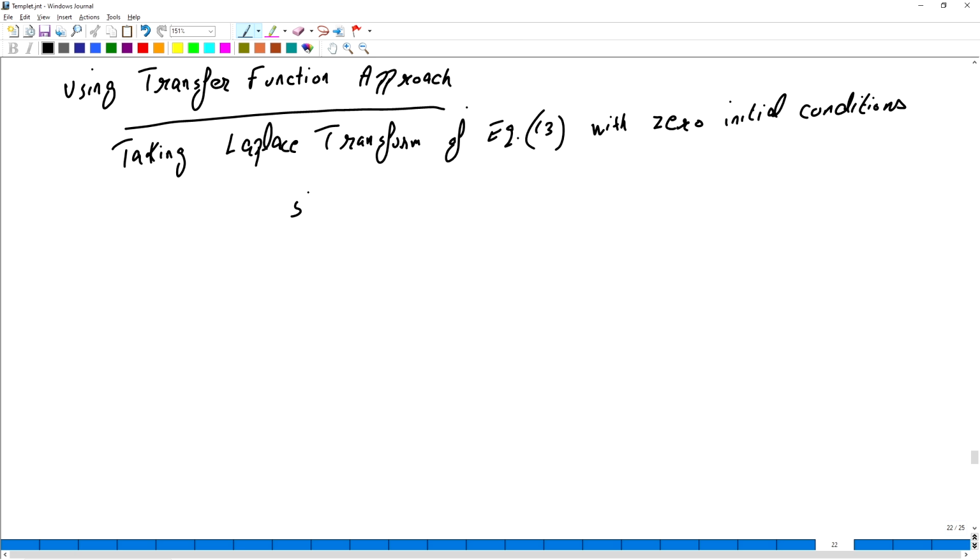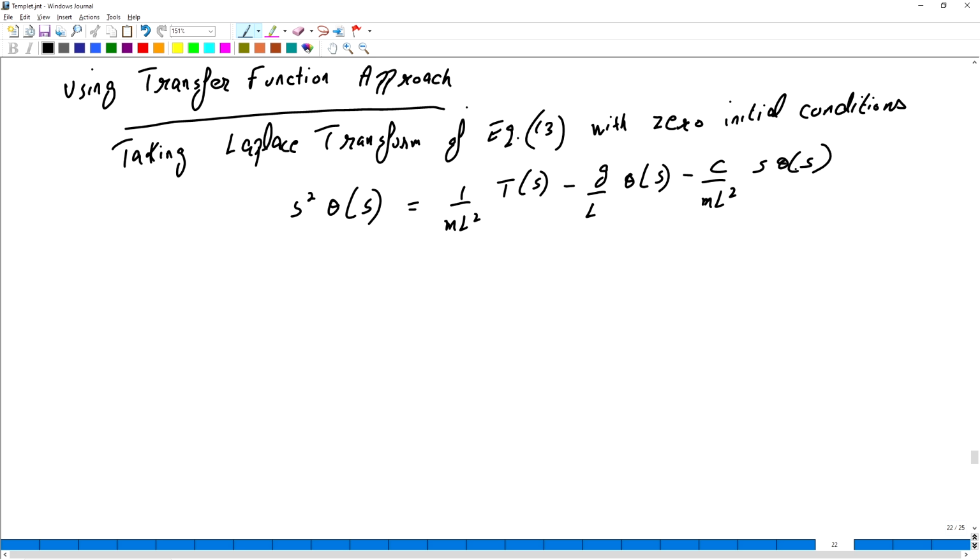So we have s square theta of s equals 1 by ml square T of s minus g by L theta of s minus c by ml square s into theta of s.